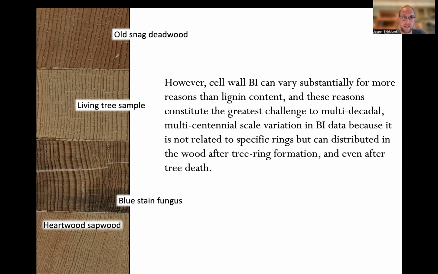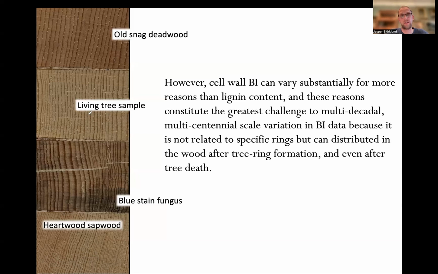Actually, it has a quite detrimental effect on the climate signal, as if you go back in time and you find this old snag dead wood, and then you try to splice this together with living tree material, you will have a steep decline in values that is not related to wood density. So actually, the cell wall color is going to be the biggest obstacle for us to produce unbiased BI data.